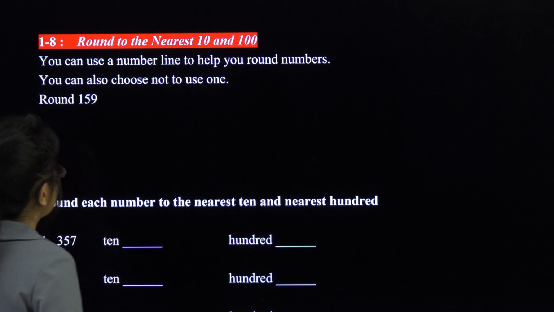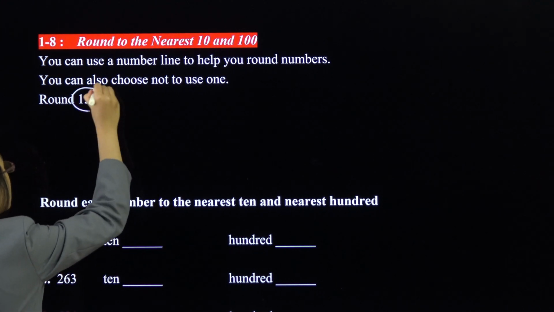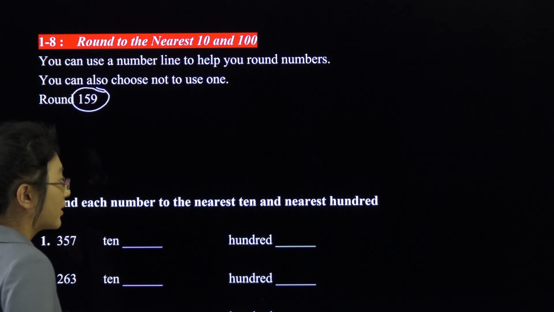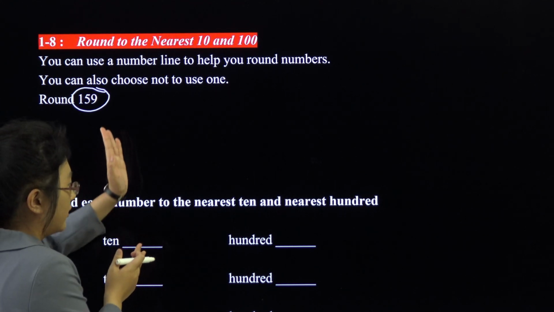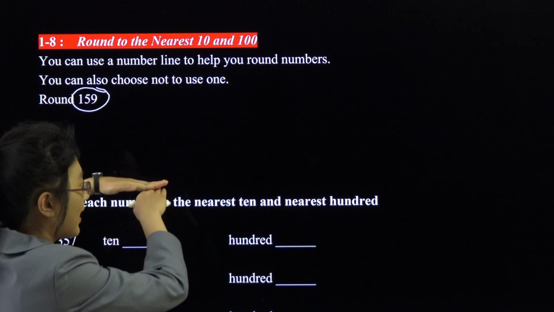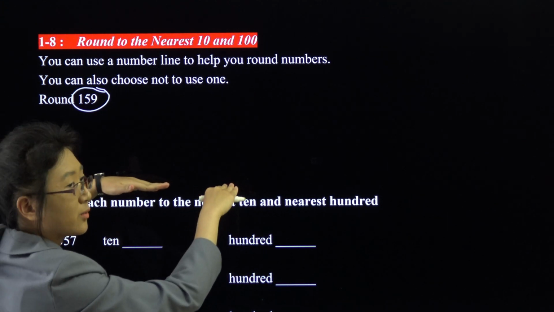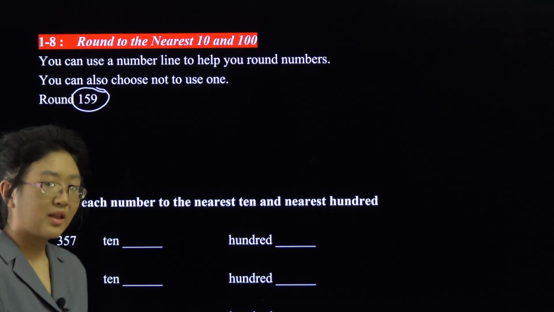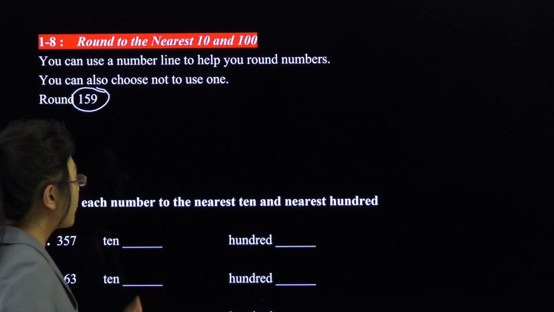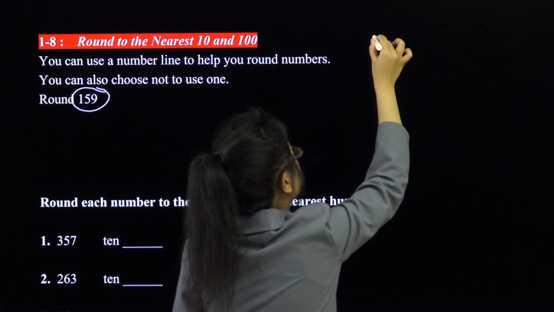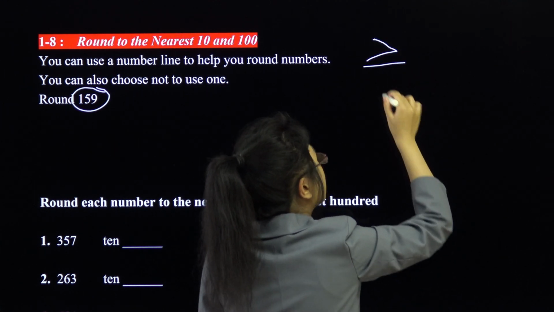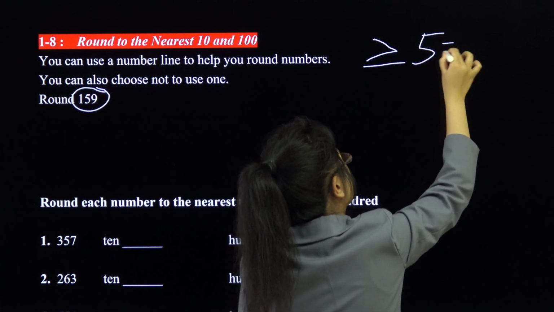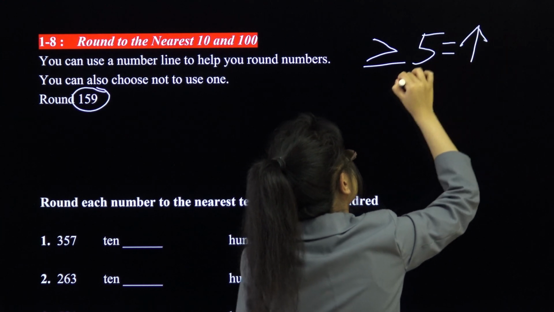Here's how you would look. So if you round 159 to the nearest 10, then you would look at the tens place and then go to the right, one digit, which is the ones place. You look at the ones place, and if it's greater than or equal to 5, this is the sign for greater than or equal to, round up.